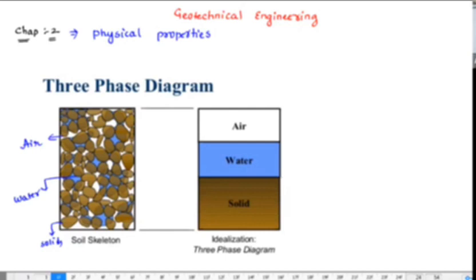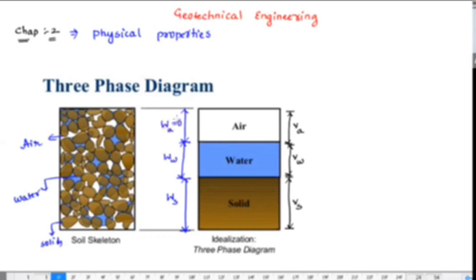And now, by using this, we mention volumes on one side and weights on the other side. This is the volume of solids, here the volume of water, and here the volume of air. And this is the weight of solids, weight of water, and weight of air, which is neglected, so it is 0.